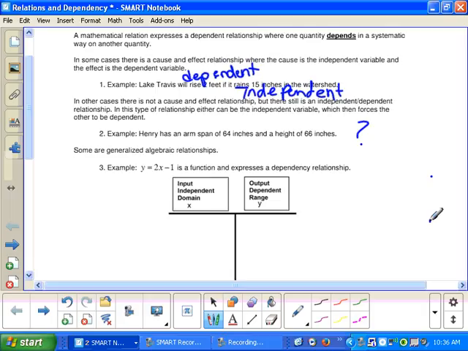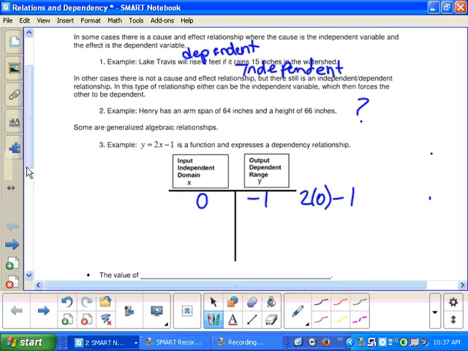If I have, for example, x is 0, what is y? 2 times 0 minus 1 is negative 1. Remember, if you have x as something, you're putting it into that equation, that function.